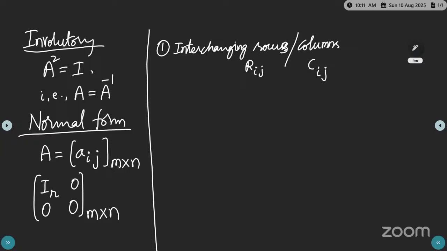Okay, next. Multiplying any row or column with a non-zero scalar k. Okay, next.